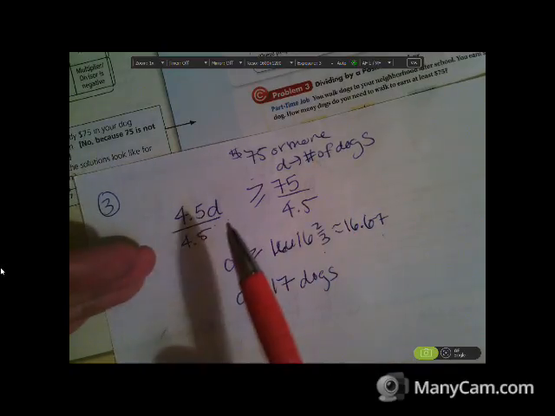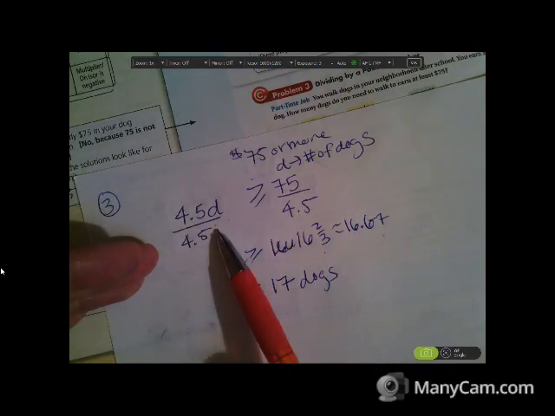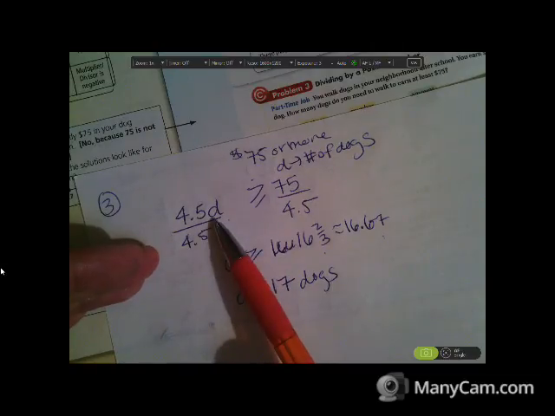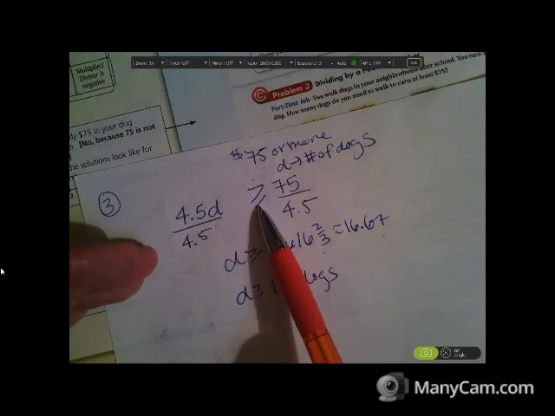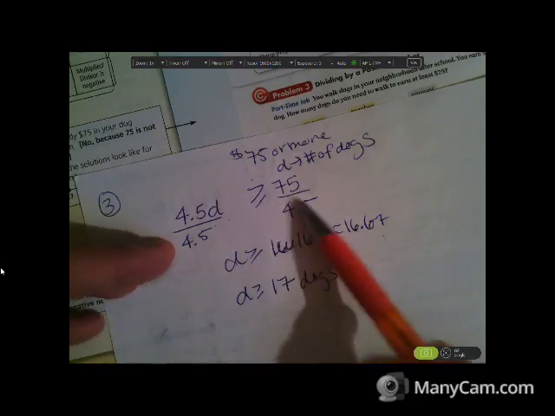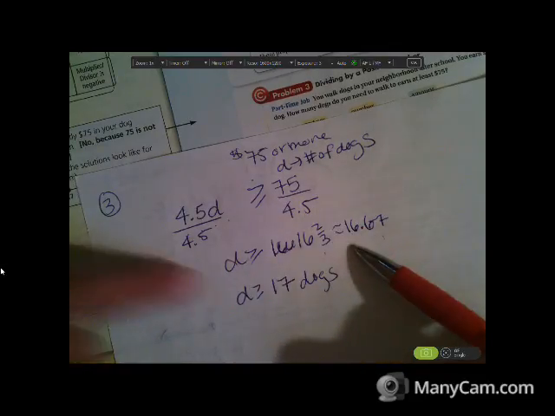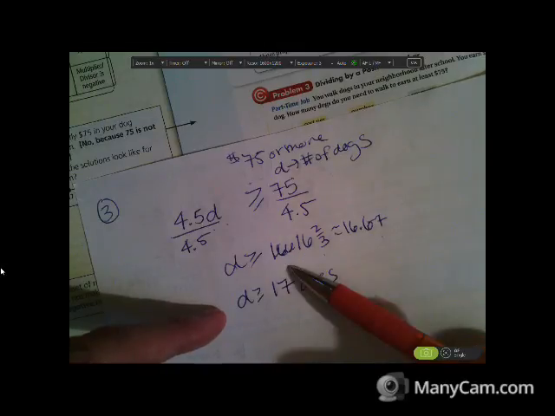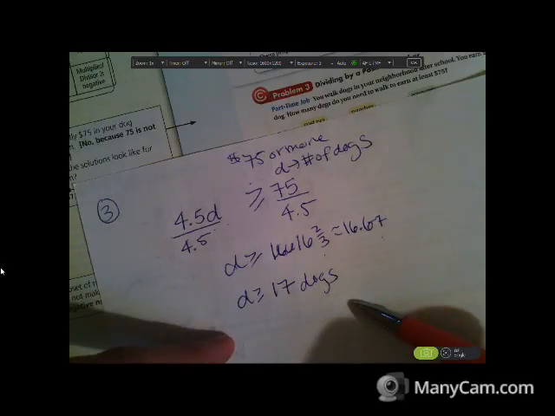You earn $4.50 per dog, so $4.50 times how many dogs you walk, and you want to earn greater than or equal to 75. We solved it, divided, got D by itself, and then we got 16 2/3 and rounded up to get 17 dogs. So try to got it down here, and we'll move on to problem 4.